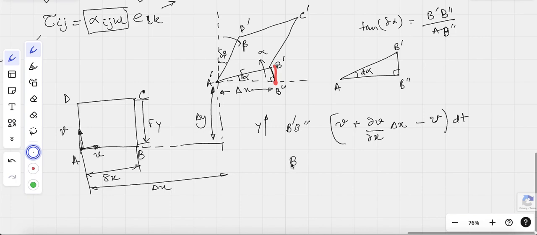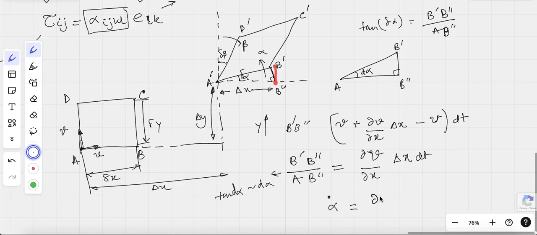So we have b dashed b double dashed by AB double dashed is equal to dv by dx delta x delta t. Since d alpha is very small, tan d alpha can be written as d alpha, and we can bring this dt term down, so alpha dot is equal to dv by dx.